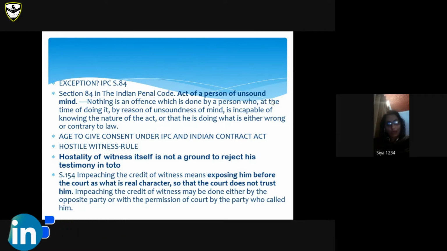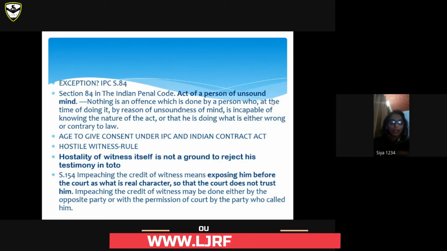When you are looking into IPC, the age to give consent, when you consent to get an injury, then you can take the defense. See, in that particular section, you should attain 18. But when you are giving consent to an operation, then you need only be age 12. And these kinds of differences are there.